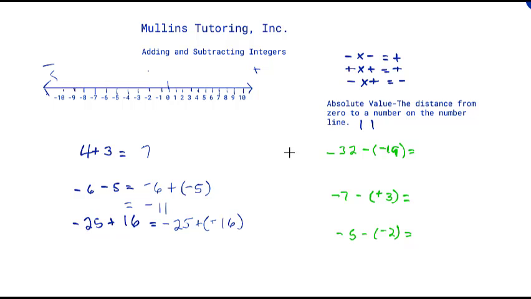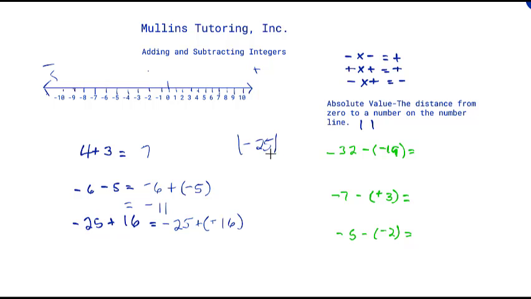So let's talk about absolute value. An absolute value is the distance from 0 to a number on the number line. We use two parallel lines and we put the number inside. So we have negative 25 and the absolute value, and that's how you would read this.